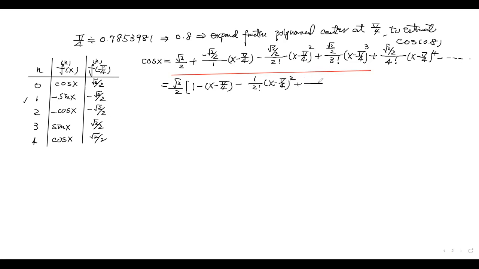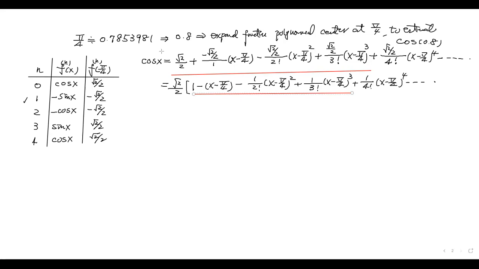Then you say plus 3 factorial, and this is (x minus pi over 4) to the third. Then plus 4 factorial, and this is (x minus pi over 4) to the fourth, dot, dot, dot, right? Okay, so now since the problem asks us to find the first four, these are my first four terms here.